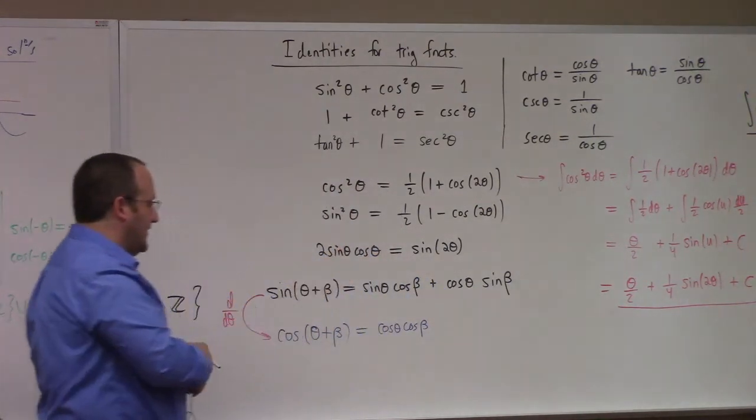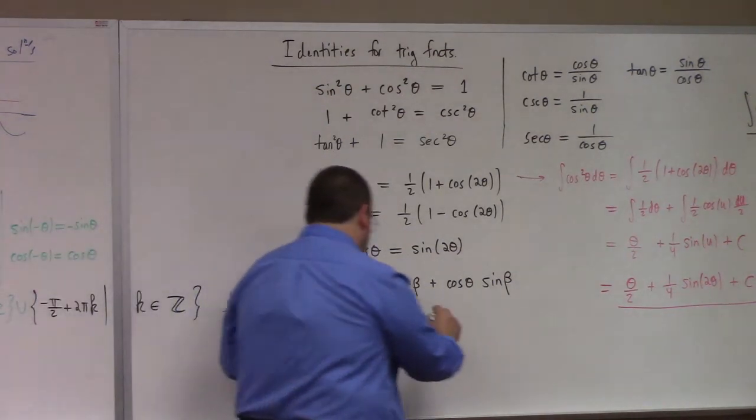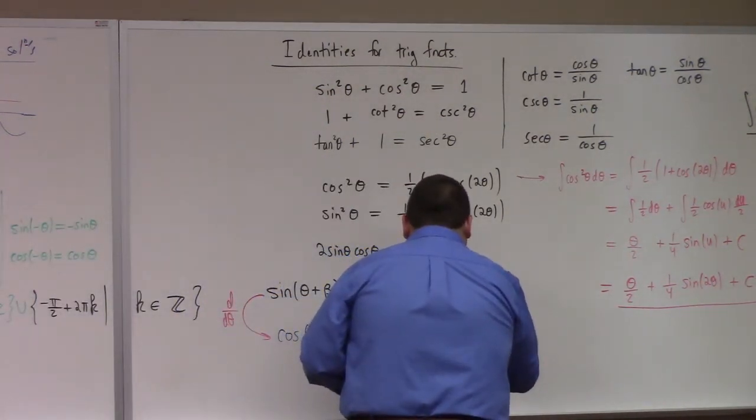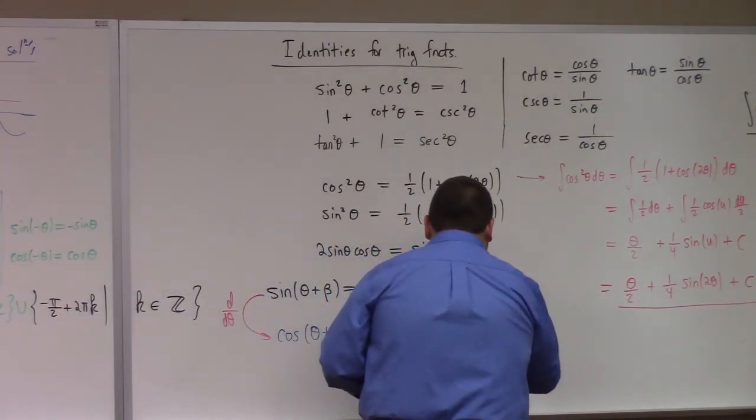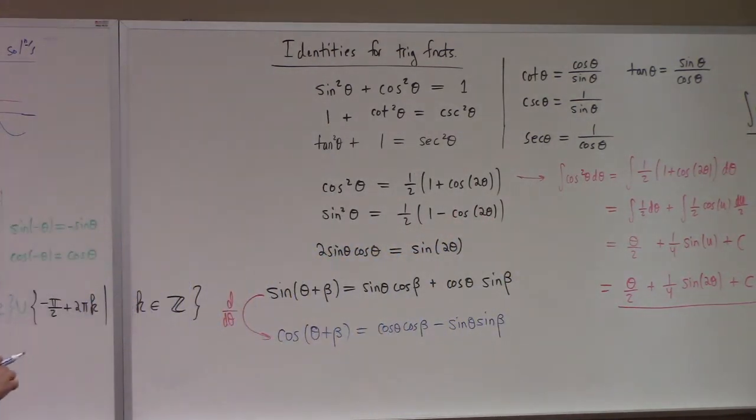What's the derivative of cosine with respect to theta? We get what? Minus sine theta, right? So you're like, you expect me to remember all those rules? Yeah, it's true. I can't deny it. There you go. That's the adding angles formula for cosine.